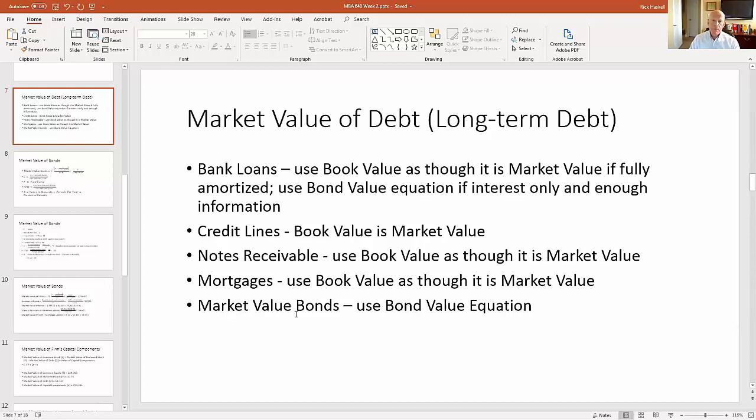However, let's assume now that the housing market falls apart and that loan of $500,000 is collateralized against a property worth $400,000. Well, we know very well that if the owner of the property goes to sell it, they'll need permission from the bank. The bank is almost certain to give them that permission because the bank already knows that it's sitting on a loan that has bad collateral against it, and they're going to write a bunch of this off.